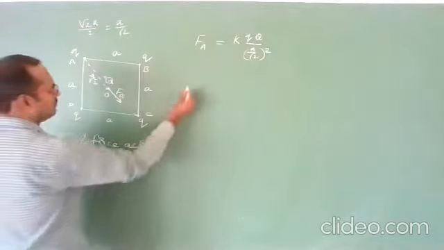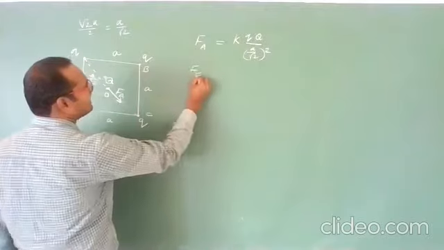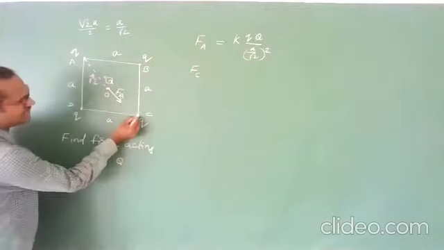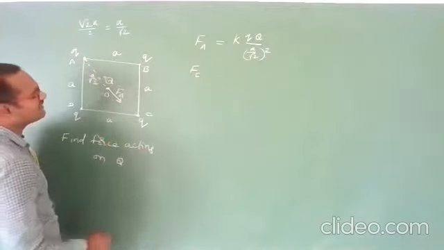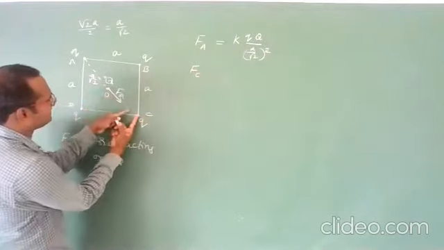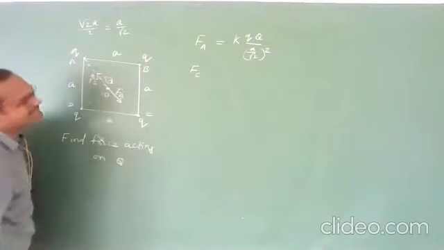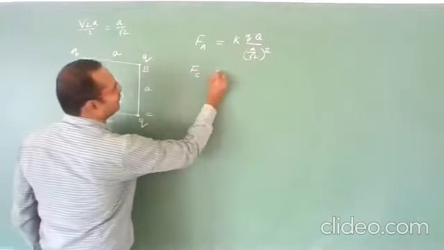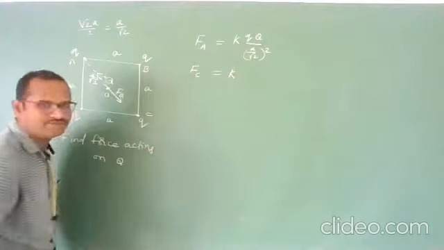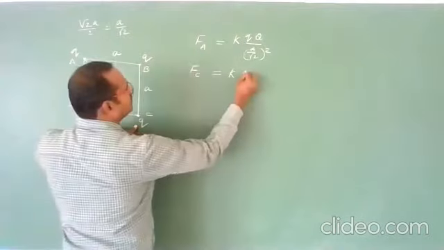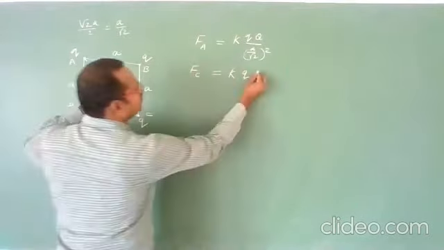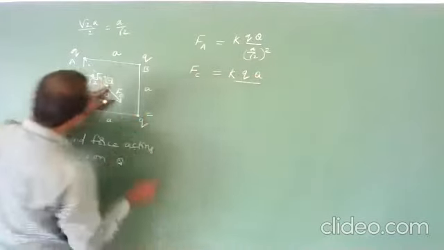Next, one more force: the force due to the charge at C. Again, both are positive charges, so a repulsive force will be there, in this direction. How much is it? Again K means 1 by 4 pi epsilon naught, this charge into this charge, divided by the distance between these two.